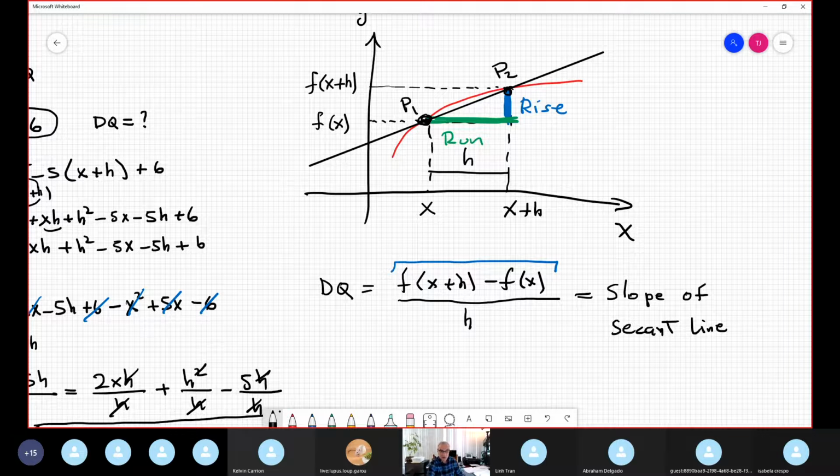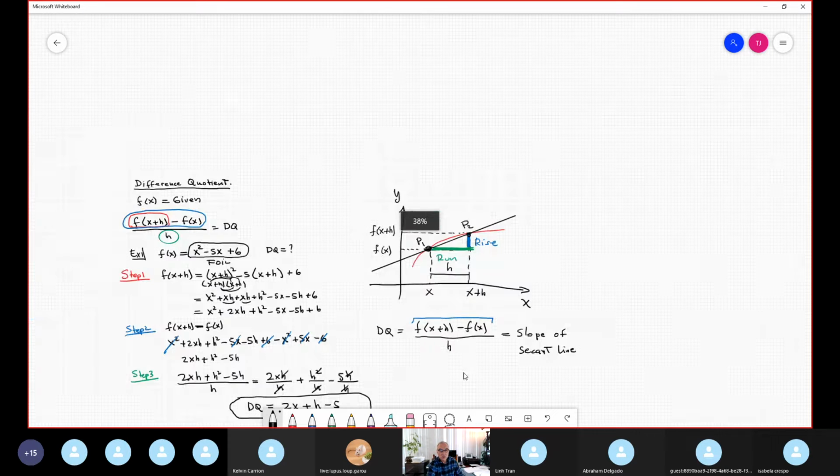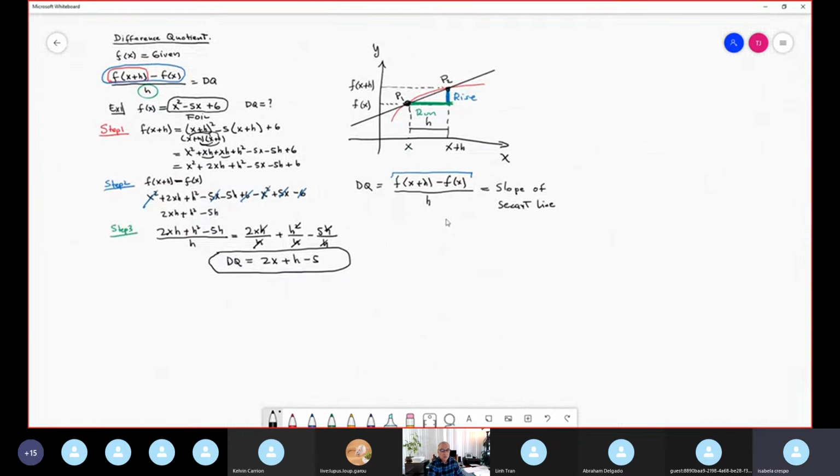Do you need another example of the difference quotient or no? If the secant line connects 2 points, like... Yeah.